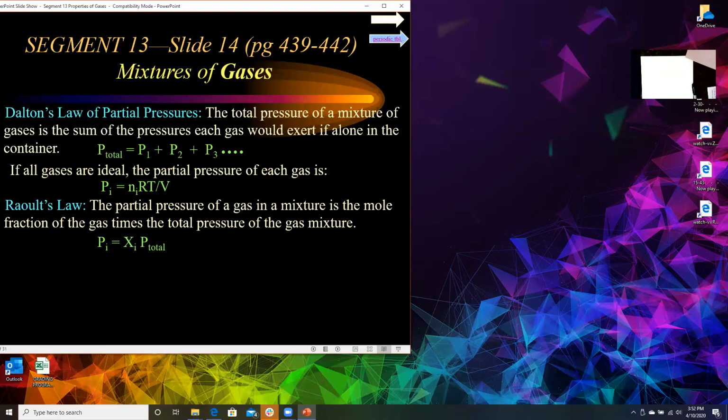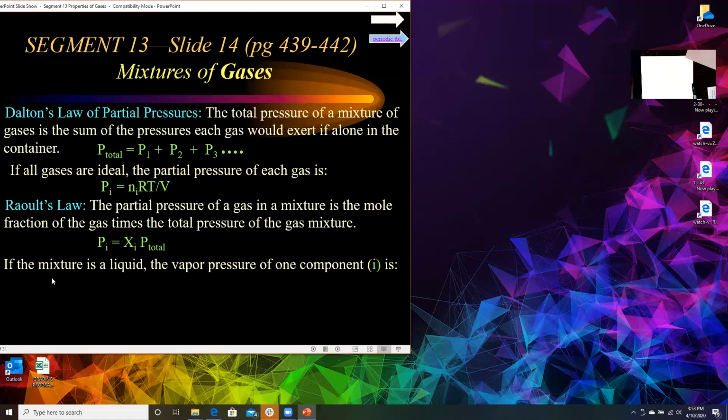So if I've got a container with lots of different kinds of gases in it, the mole fraction of each one is the number of moles of that particular gas. Sure enough, you would expect if it's 60% gas 1 and the total pressure is 760, then the pressure of gas 1 would be 0.6 times the total pressure. That's perfectly logical, and that's exactly what you see.